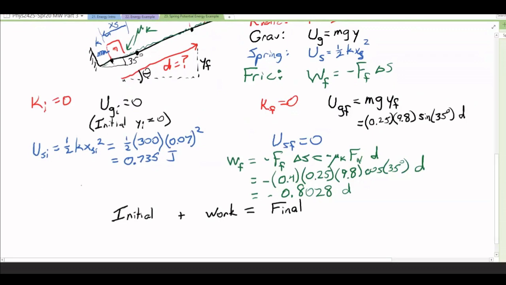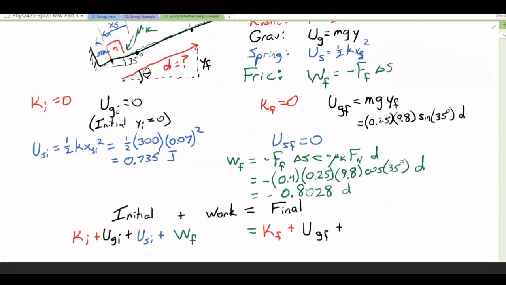So my initial energy is going to contain my kinetic initial plus my gravitational initial plus my spring initial plus, now we have my work due to friction, equals kinetic final plus gravitational final plus spring final.